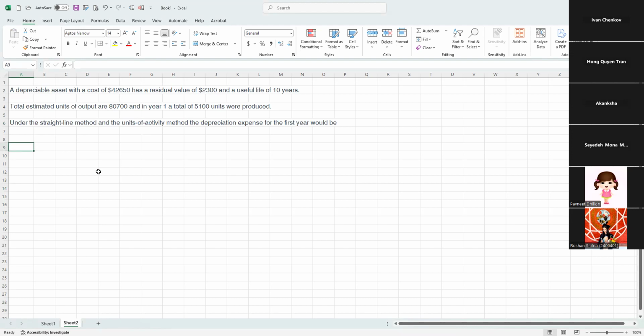So once you start these questions, what do you need first? First, to get the cost, right? And then once we get the cost, we're going to get the residual value, if there's any. Once we get those two, cost minus residual value, what's that going to give you?